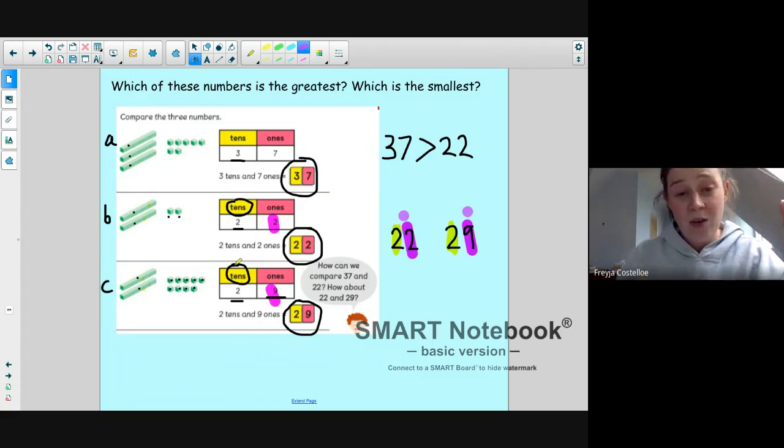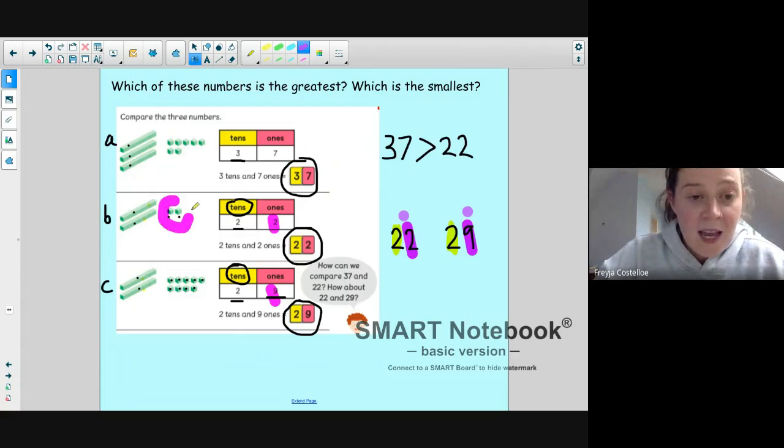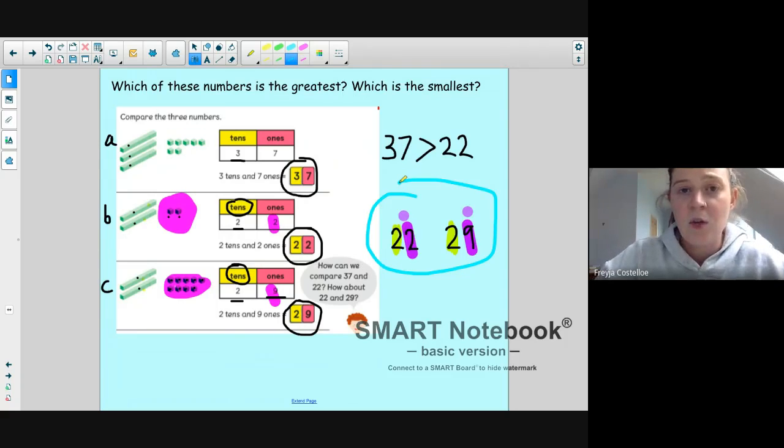Can we compare those? Yes, we can. They're not the same. We've got 2 ones here and 9 ones here. So our greatest number out of these two is going to be 29.